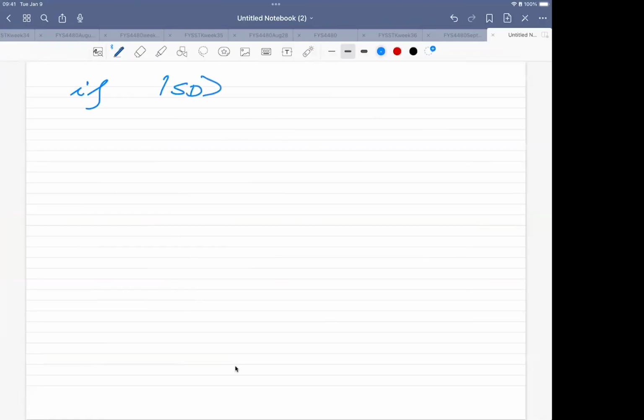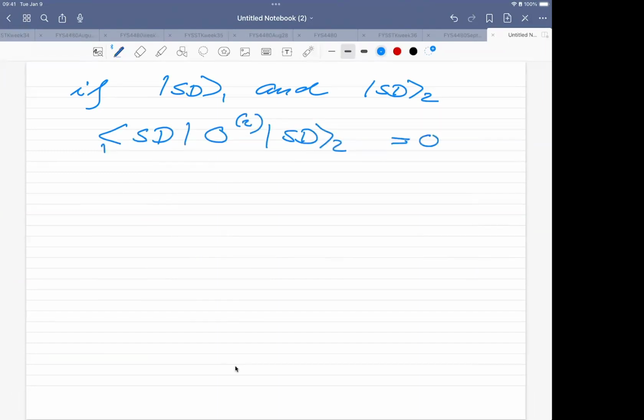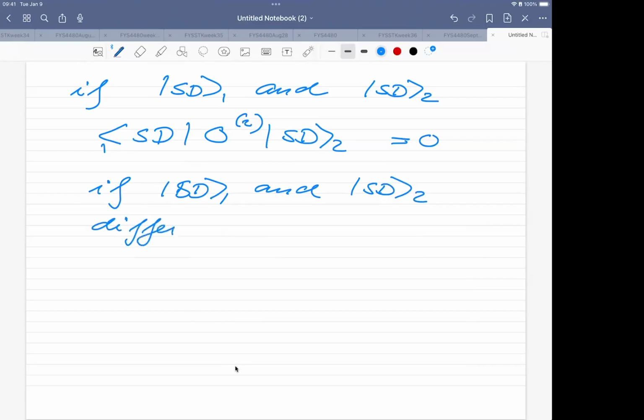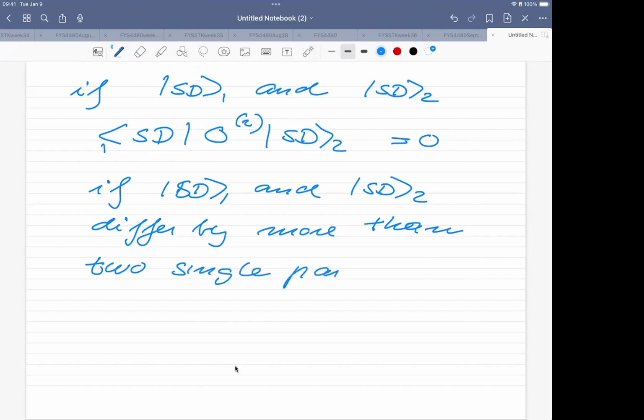If we have two Slater determinants SD1 and SD2, and we now calculate an expectation value with this two-body operator, this is 0 if SD1 and SD2 differ by more than 2 single particle states.